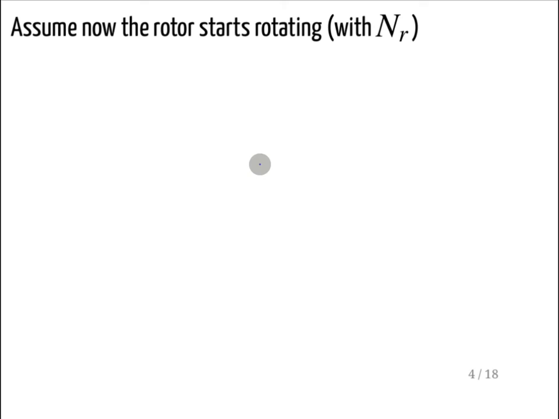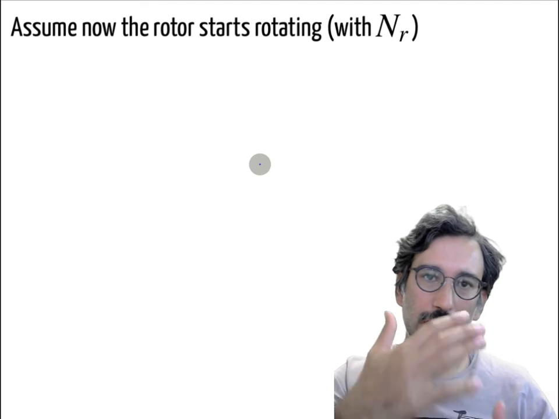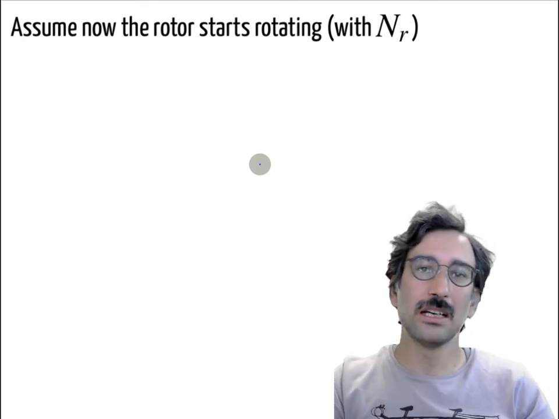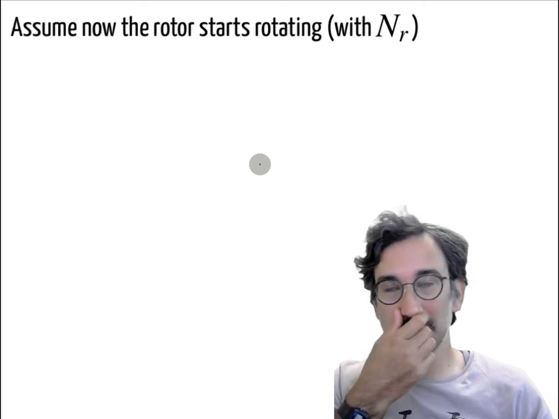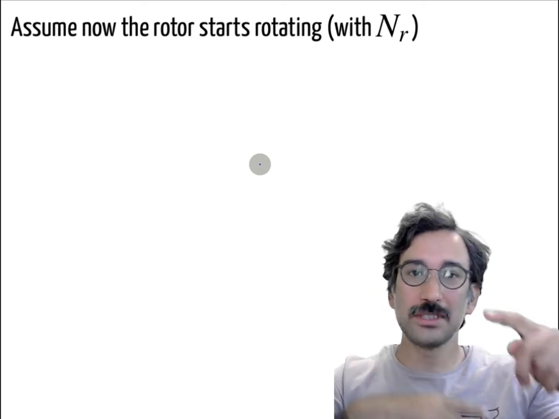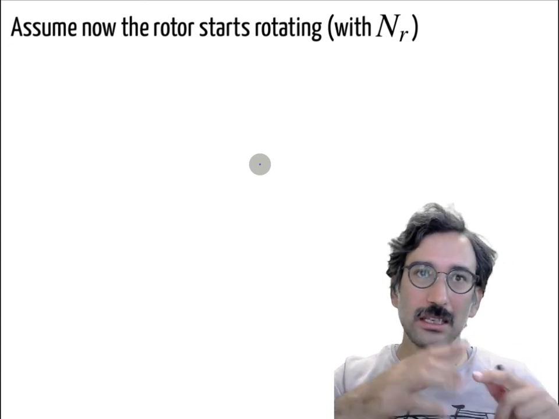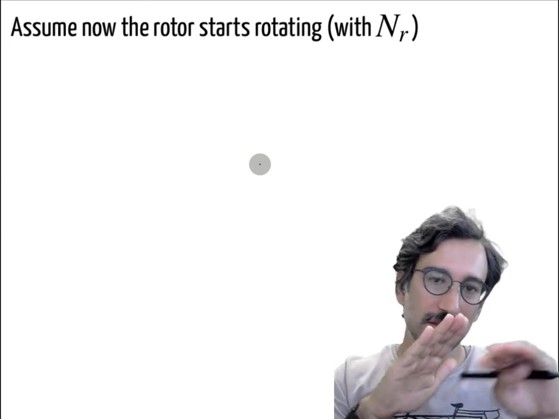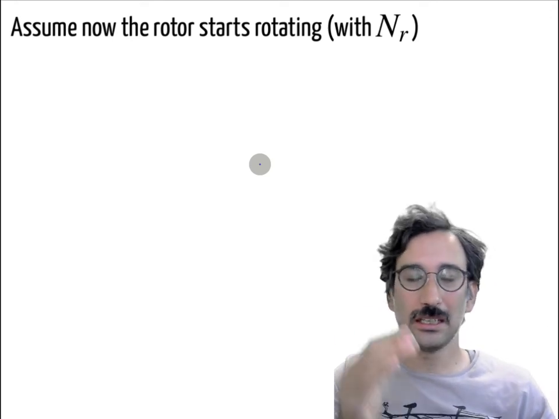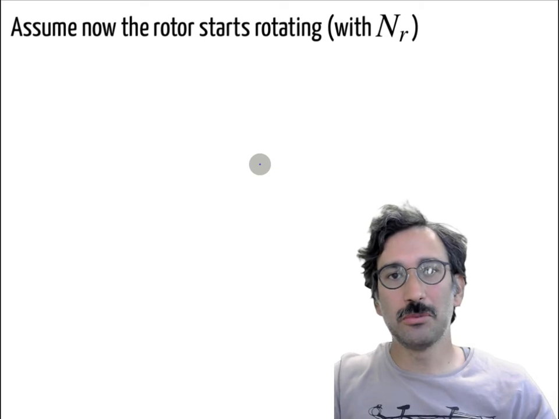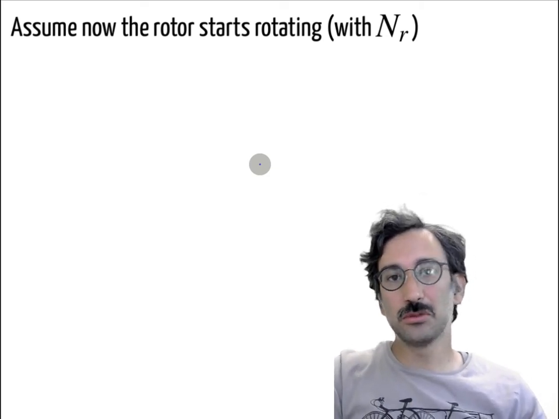Anyway, now assume the rotor starts rotating. When it was stationary, the rotor current frequency was 50 Hz. Now as it starts rotating, the difference between the frequencies gets smaller. For example, to simplify, forget about the number of poles and assume it's a two-pole machine.